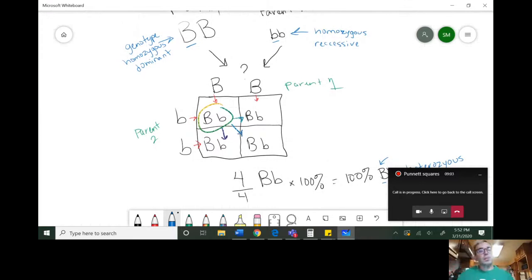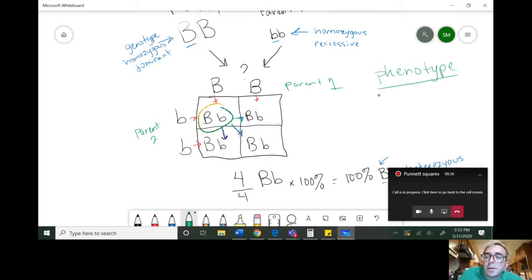Now remember, genotype is the genes that we carry, the genetic code. Well, phenotype is the face we wear. So pheno, face. It's not spelled right, so I should probably spell pheno. So phenotype is the face we wear.